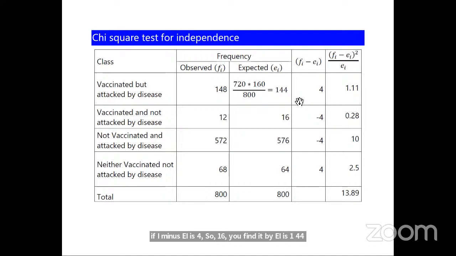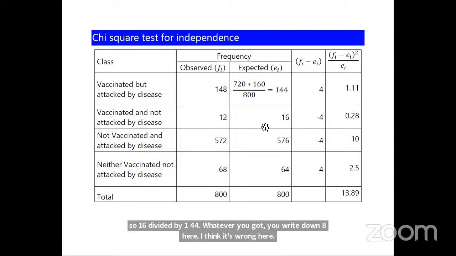If you compute this, I think something is wrong with this value. If you compute 16 divided by 144, whatever you get, write it down here. I think it is wrongly taken.